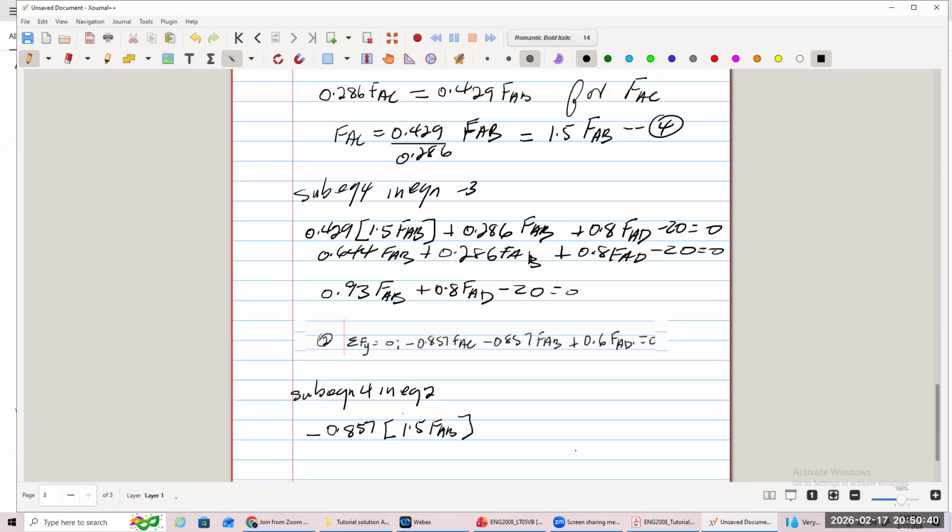What's the next part now? Anywhere AB is, you take it out. And then the next one is going to be 0.857. You have to concentrate on this here, guys. And you put back this one. Plus 0.6 FAB equals 0.